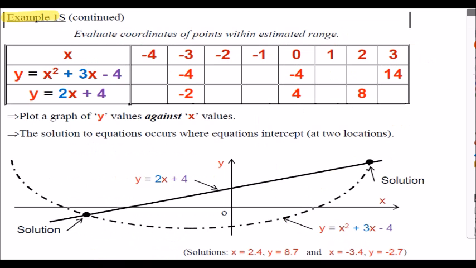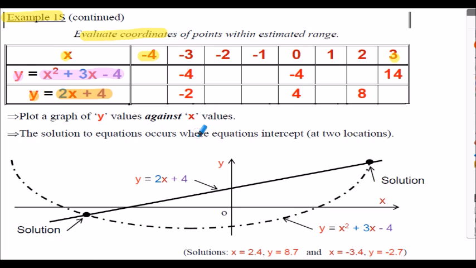Example 1s continues. So we're going to evaluate now the coordinates. We know that the range of x we're going to use is between negative 4 and positive 3. I'm using increments of 1 here to try and give me a nice defined shape for the curve. We need to now work out the y values for the quadratic equation and of course the y values for the linear equation. We can see that the table is partially populated with some of the y values being calculated.